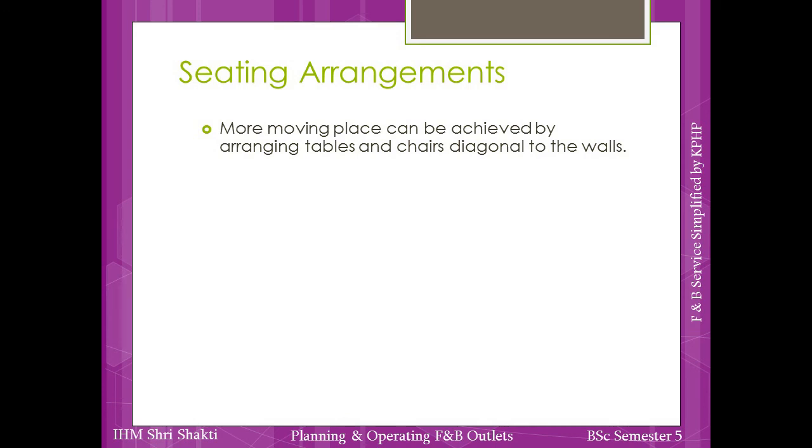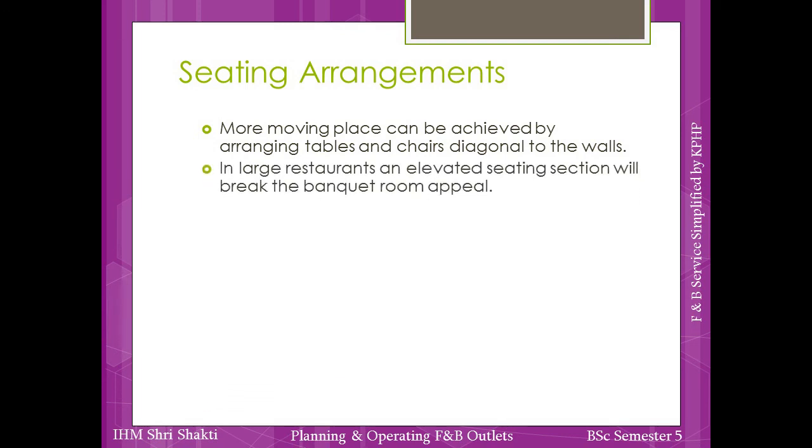Also, when the tables are arranged diagonal to each other, the chair backs of two tables don't come right opposite. That saves a lot of space, and gives a better moving space between the tables.